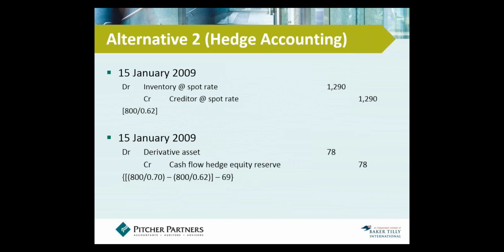So we say debit the derivative asset with an additional 78, and we credit a cash flow hedge equity reserve of 78. So at this stage, we have our inventory at spot rate, our creditor at spot rate, we have our derivative asset at fair value. All of that is the same, but we still have the movement in the foreign exchange contract hidden away in a cash flow hedge equity reserve.